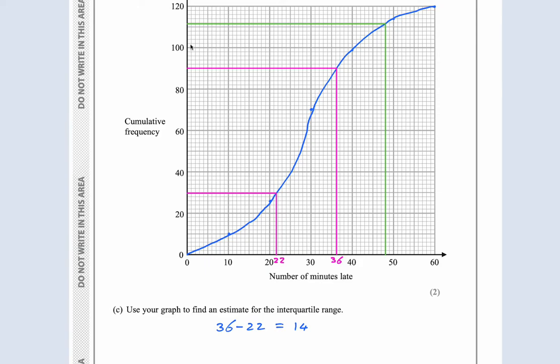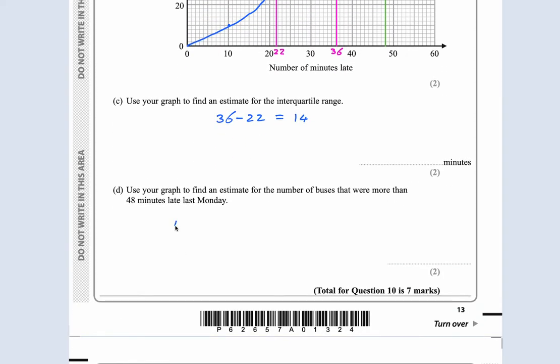And this number here is, if that's 110, this is 112 or 111. And this one actually is pretty accurate, guys, because the answer is 9. So 120, I have to minus this because how many did more than 48? So I do 120 minus 111 is 9.